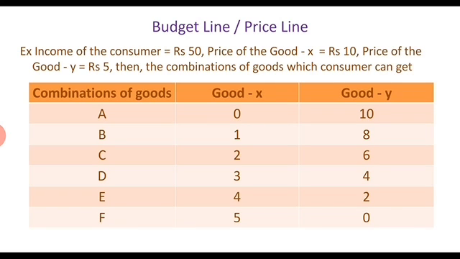If a consumer's income is 50 rupees, the price of good X is 10 rupees, and the price of good Y is 5 rupees, then the combinations the consumer can get are shown in this table. The consumer can get any one of the combinations A, B, C, D, E or F with his income.